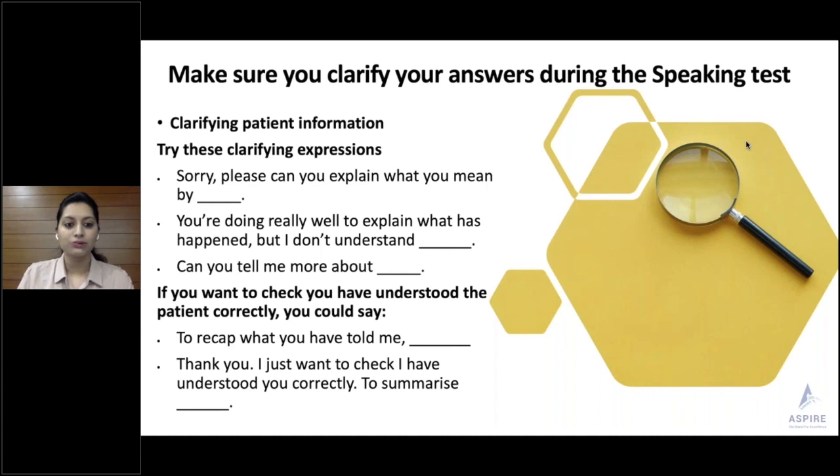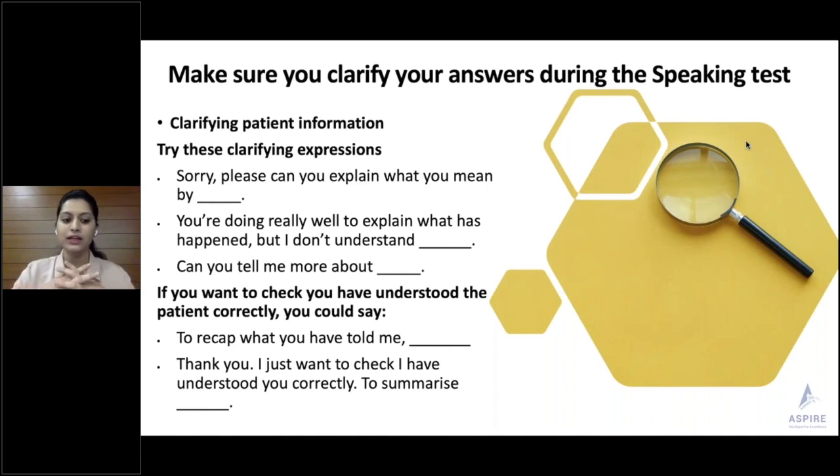Clarifying expressions like, sorry, please can you explain what you mean by so-and-so? Or can you tell me more about ABC? If you want to check if you were understood properly by the patient, you can always summarize, or put it in a brief form.